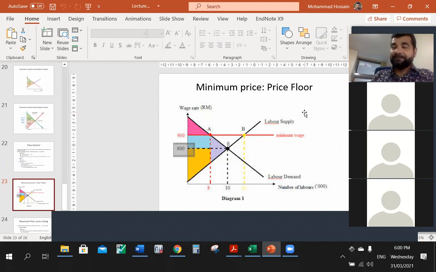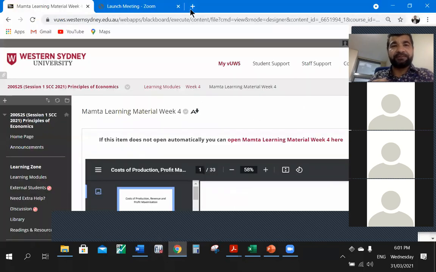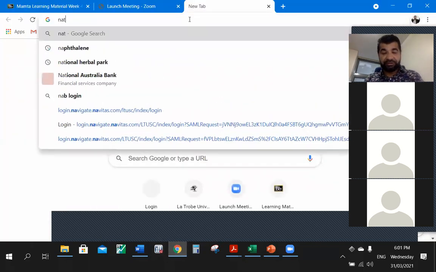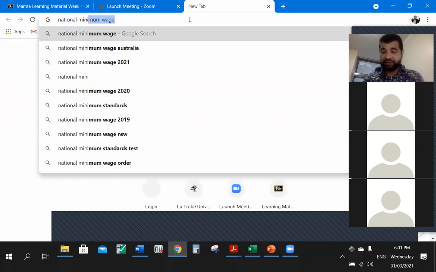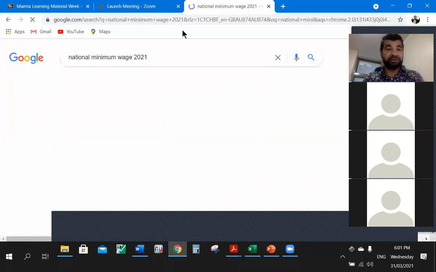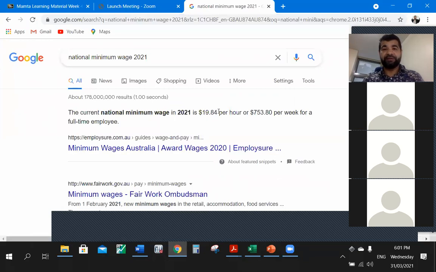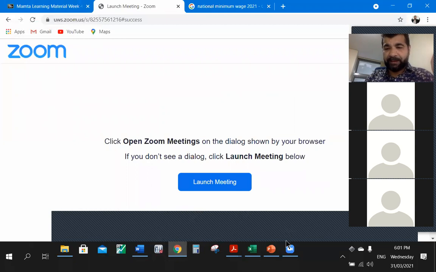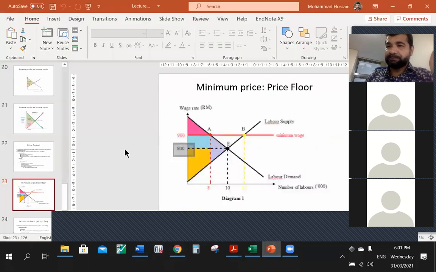Government needs to interfere. Government will say, no, you cannot pay less than $19.84. I think that's the current national minimum wage now in Australia, 19.84, 2020-21. Yes.